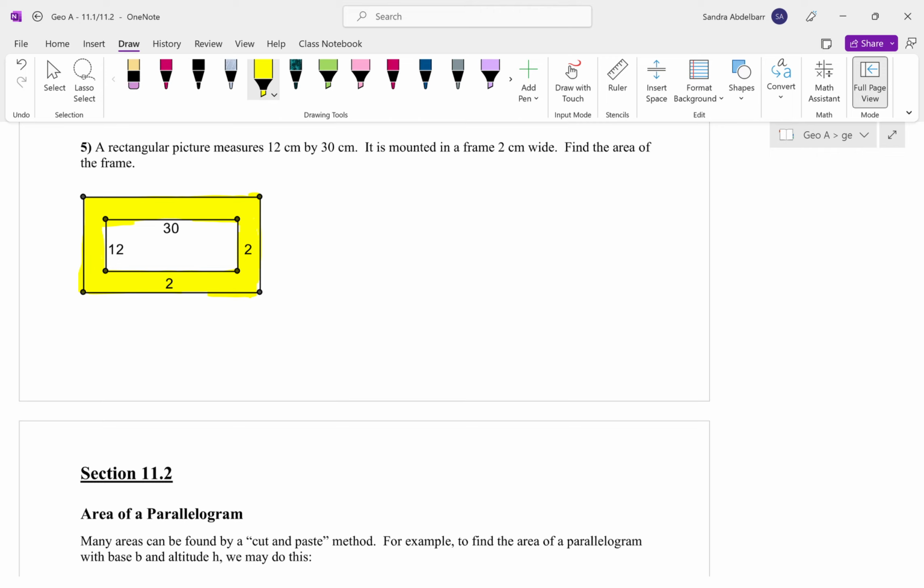All right, so general game plan. How am I going to find the area of just the shaded region? Well, do we all agree if I find the area of the big rectangle, that's going to be all of this, which is too big.